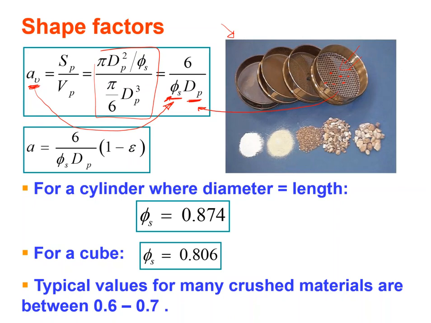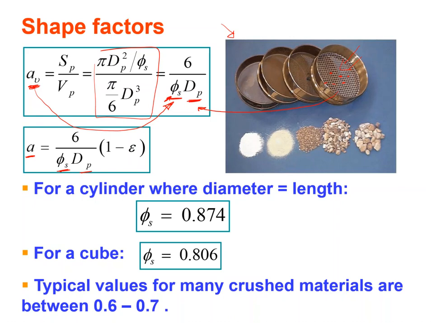And so this is for A sub nu. And what about for A? For A, again, I am just putting dp times phi s. So all in all, to make things simple for you, the only difference that I have to make once I have the shape factor or the sphericity is just to multiply.